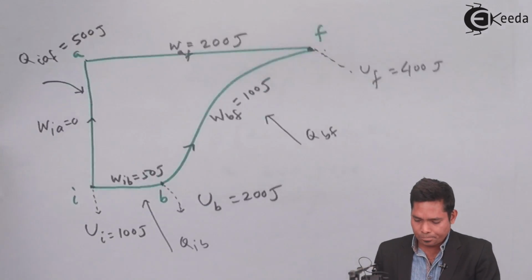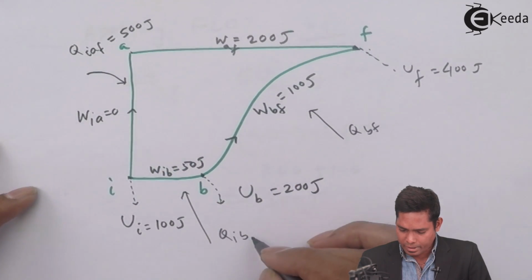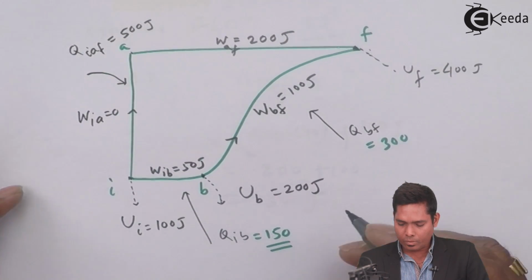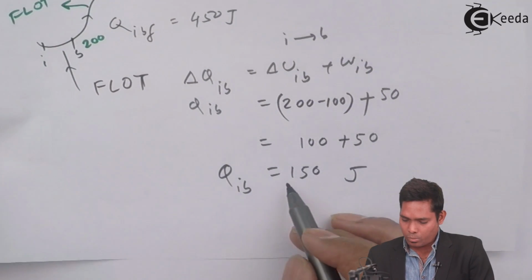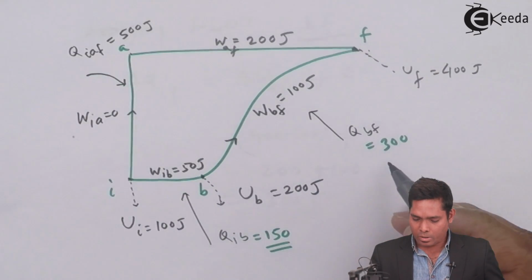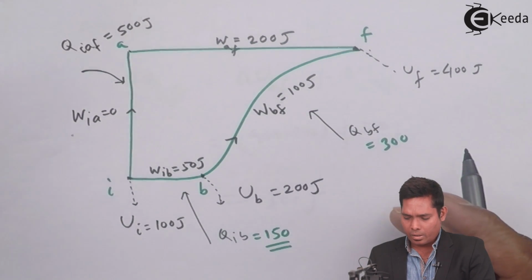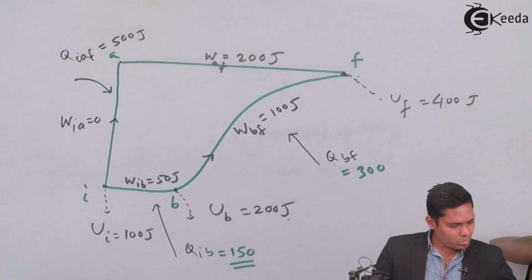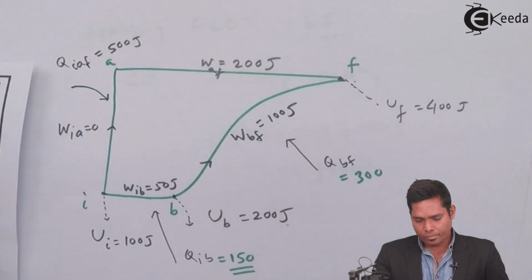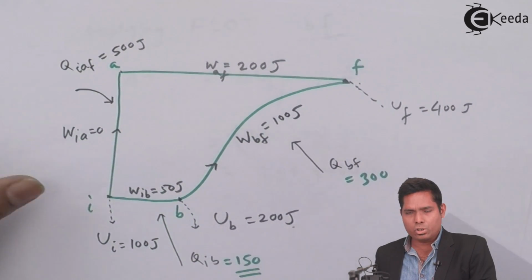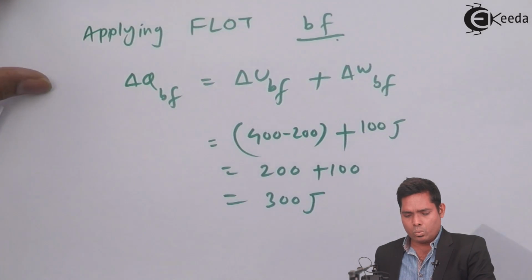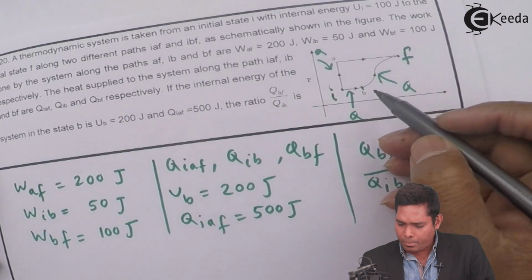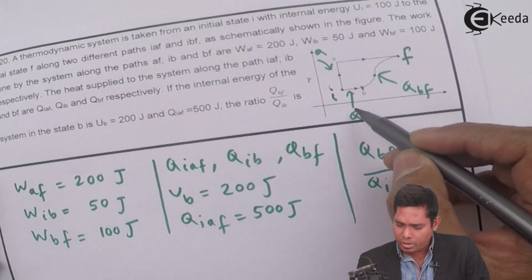So I got 150 for Q IB and 300 for Q BF. Now the question is to find the ratio of Q BF upon Q IB, that is, the heat supplied in this case and the heat supplied in this case.